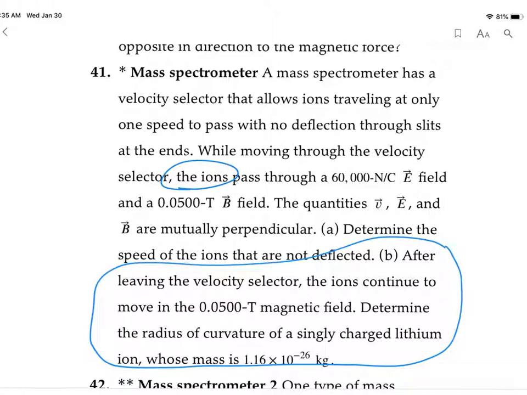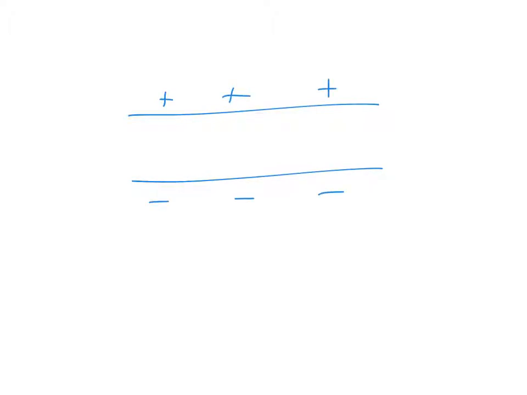So what that looks like is this: this is the velocity selector part right here. The particles that are going just the speed you want pass through, and of course you have a B field in that region as well, but out here there's only a B field.